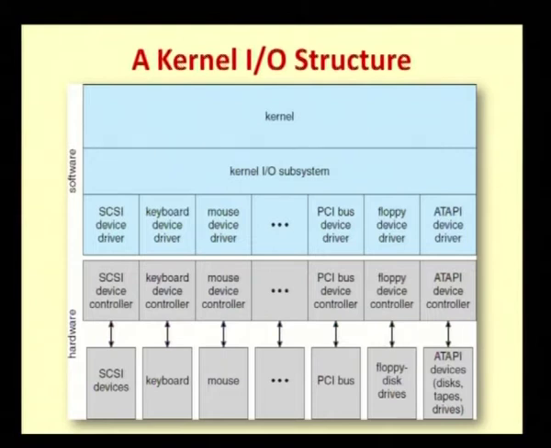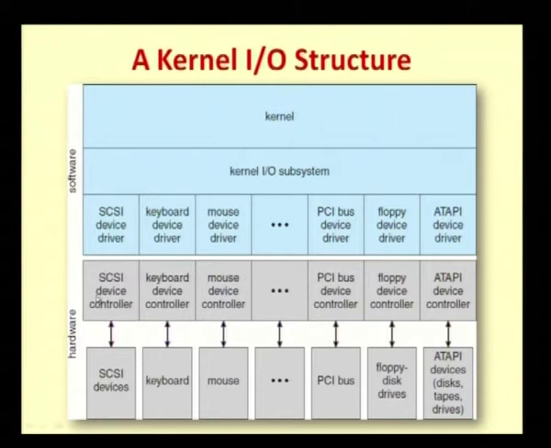So what do you do? You take the motherboard CD, plug it in and install the motherboard CD drivers. All those drivers are these drivers: SCSI device driver, keyboard device driver, mouse device driver. Based on your requirement, you will be installing those drivers, and all those drivers, being software, will be placed in this kernel.